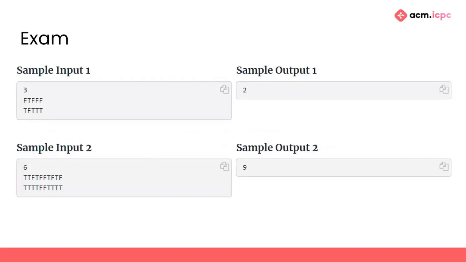The third line is the string containing your friend's solutions. So your friend got 3 correct, and the maximum possible number that you got correct is 2. The same thing applies to the second sample input and output. It's a little bit longer, but I will walk through it in my next few slides.